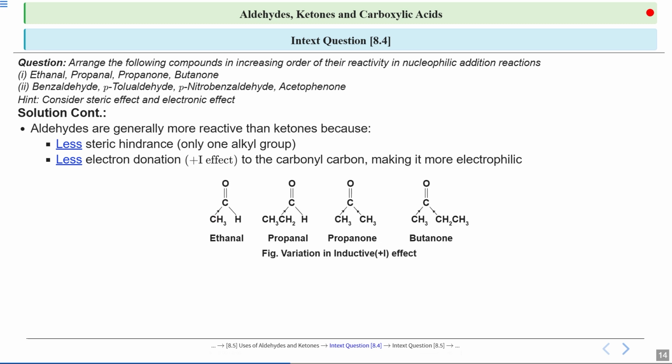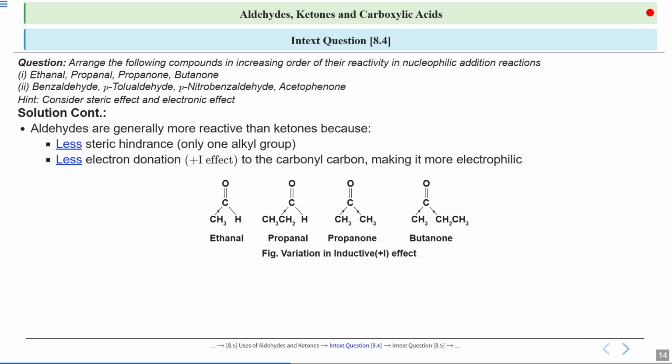Now if you look at this figure, this is the variation in the positive inductive effect shown by the molecules given in the first part. If you carefully look, ethanal, which is an aldehyde, has only one CH3 group. Propanal, also an aldehyde, has CH3 and CH2.